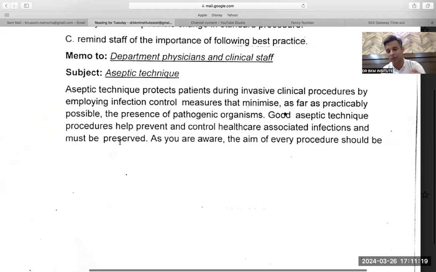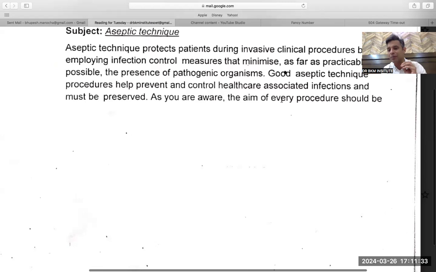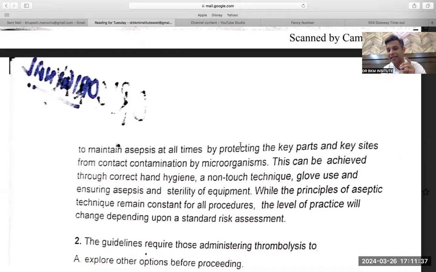So now first they were telling what aseptic techniques do, what the benefit is. Then I think they are talking about the benefits. As you are aware, the aim of every procedure should be to maintain asepsis at all times by protecting the key parts and key sites from contamination by microorganisms.